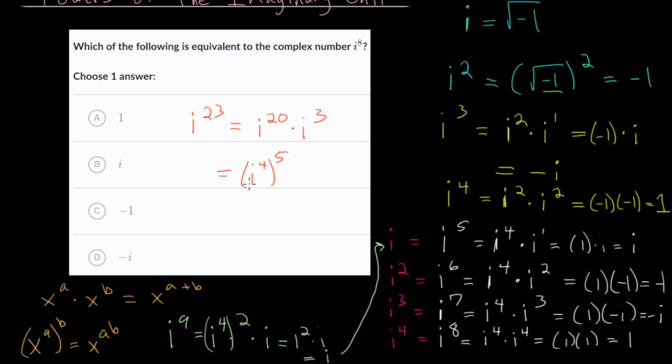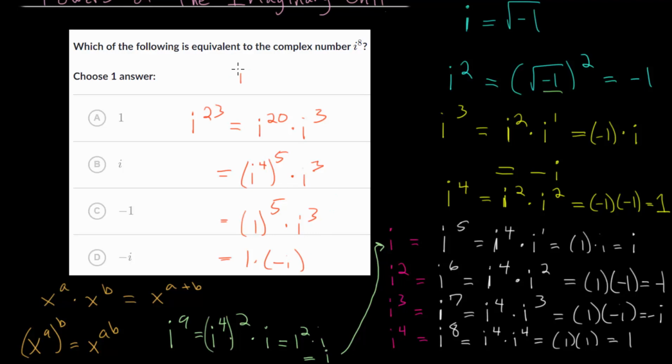Now you could write out i to the 4th, i to the 4th, i to the 4th, i to the 4th, and i to the 4th times i cubed, or you can just raise it to the 5th power, since those mean the same thing. And then we have i cubed here, and i to the 4th, like I mentioned, we know that's just 1. So you have 1 to the 5th times i cubed, and 1 to the 5th is just 1, and i cubed we know is -i.